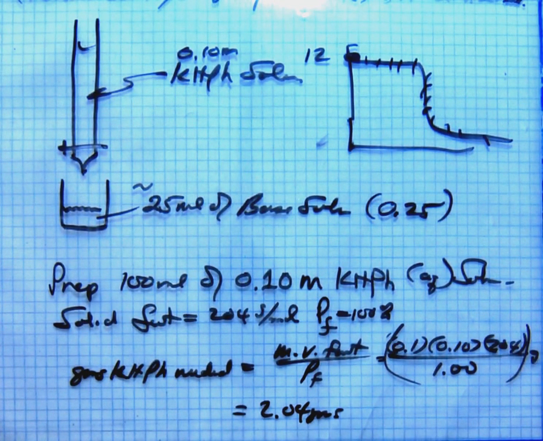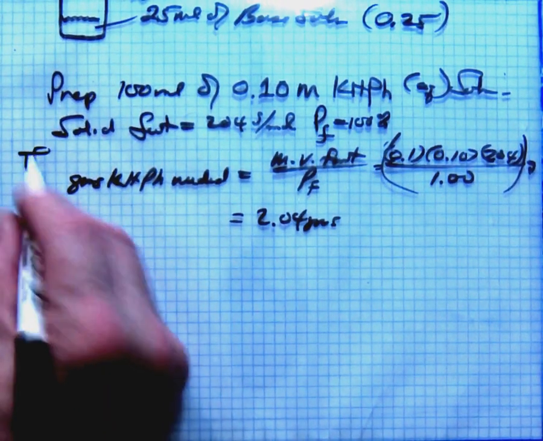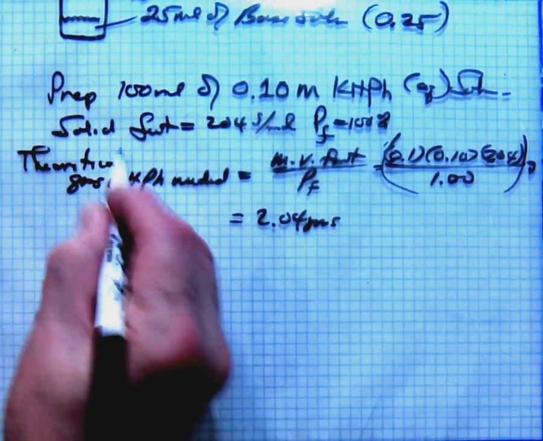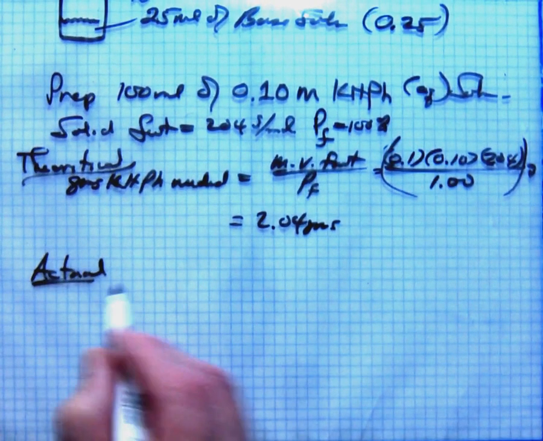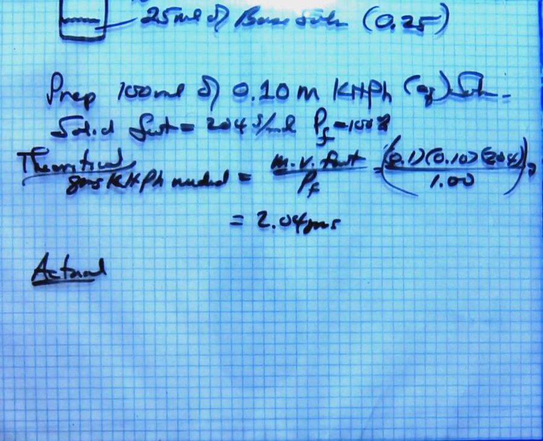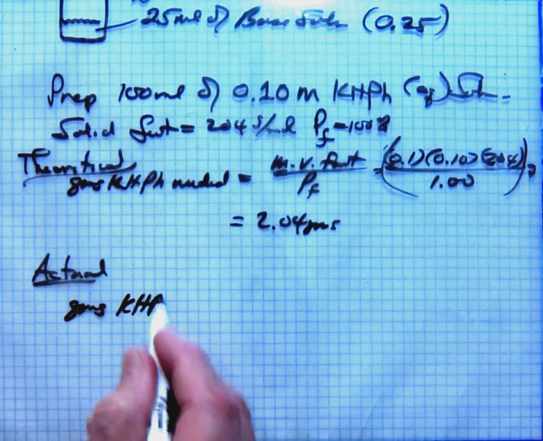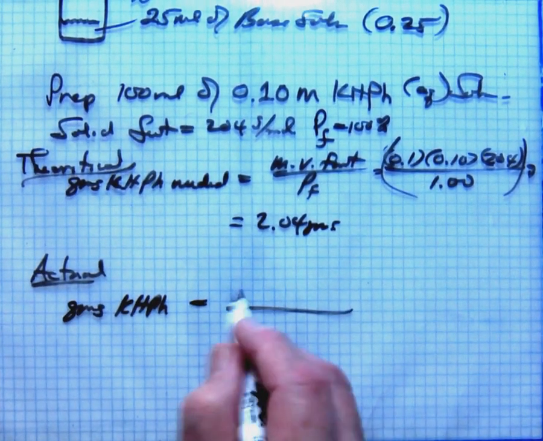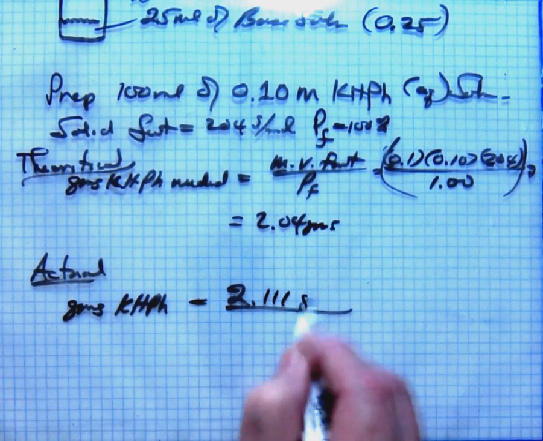And you can count on that to be your 0.1 molar. Now, you don't have to spend all day getting 2.04. I'll tell you what. This is theoretical, right here. Actual, let's say you go to the balance and you scrape off the best you can, grams of KHP is now equal to 2.111 grams.